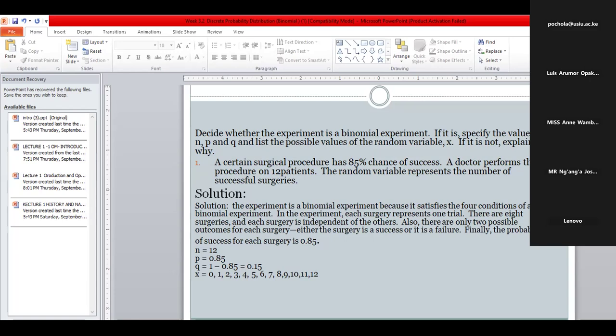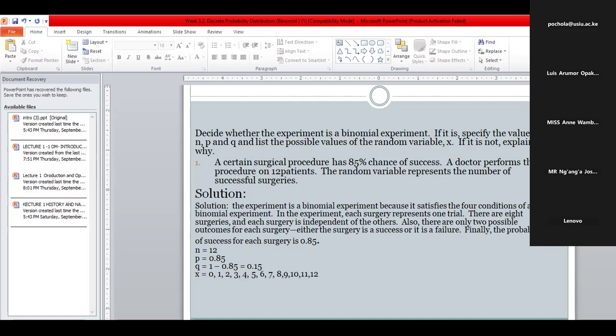A doctor performs 12 such procedures on 12 patients. So you are doing an experiment on 12 patients. So N, of course, is equal to 12. Suppose you define the success as S, let S represent a successful operation and F an unsuccessful operation.